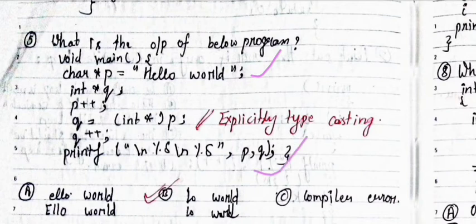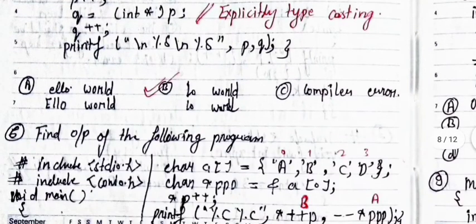So here we are using explicit typecasting. On the basis of explicit typecasting we find the output of this program. There are four options. Option A, ELLOW WORLD and ELLO WORLD, option B and option C. So the correct answer is option B.